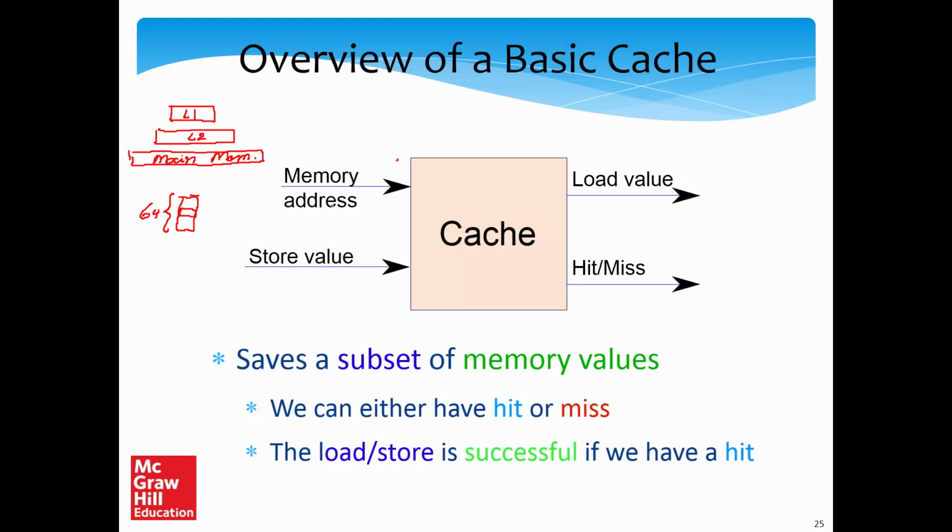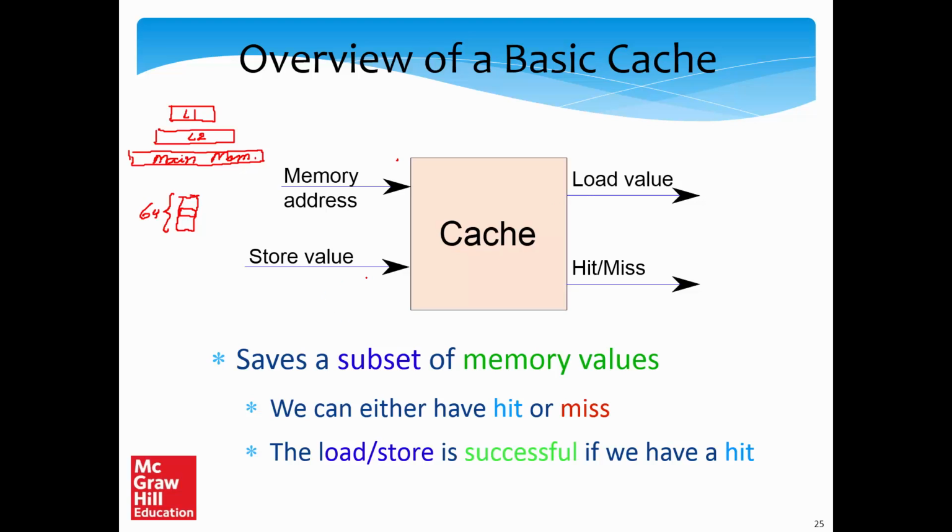Any cache can be looked at like this: we have a memory address that goes in. If it's a load, then a load value will come out and also a hit or miss decision. Of course, if there's a miss, the load value does not make any sense. So for a load, basically we have an address and a value.